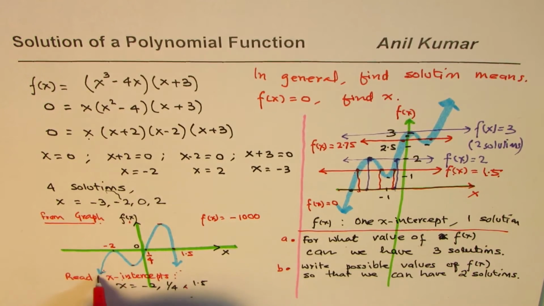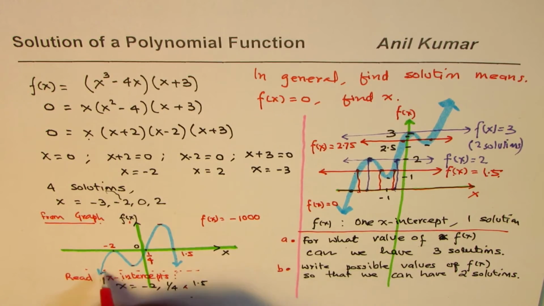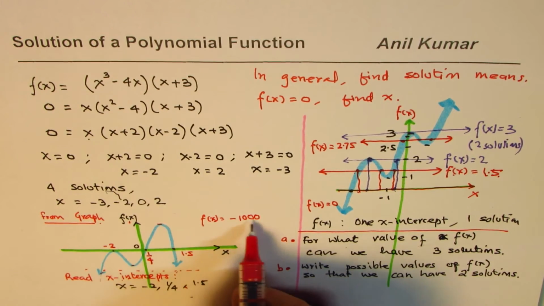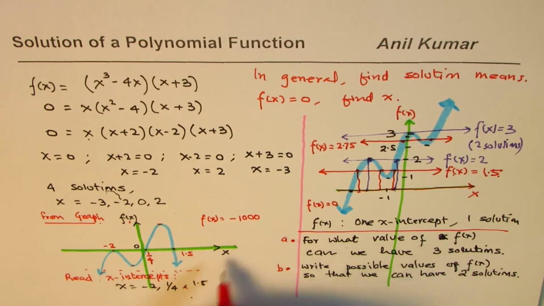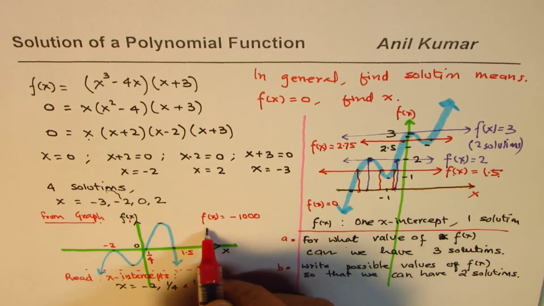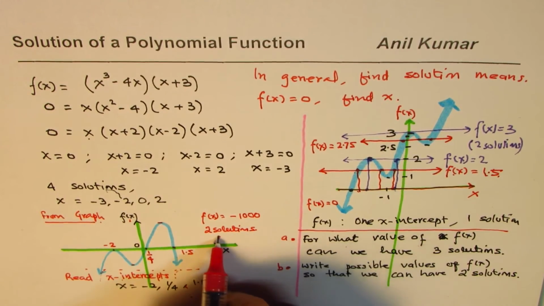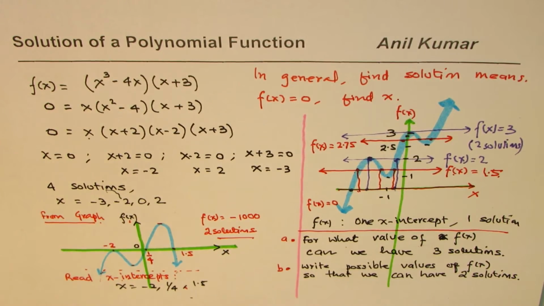So of course, it'll be far below, kind of like this. So we'll have 2 solutions since the graph will intersect f of x equals minus 1000 at 2 different places. So f of x equals minus 1000 will have 2 solutions. I hope you are understanding the concept.